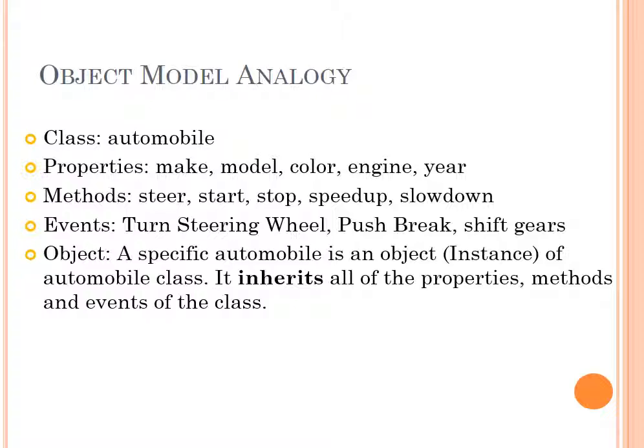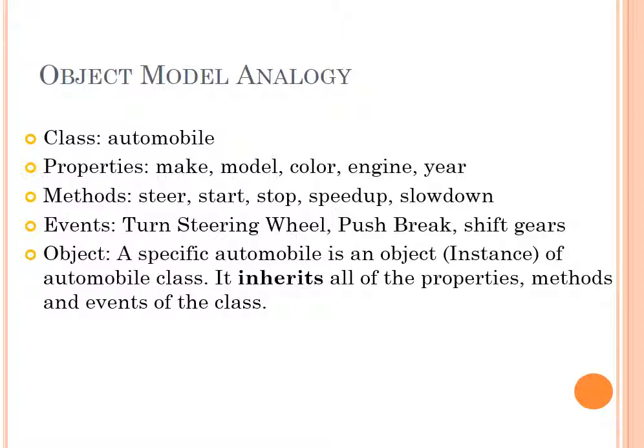Notice, by the way, that there can be a hierarchy. So, for example, we can have a class of things called cars, and then under that we can have a class of things called sedans, and under that we have a class of things called Toyotas, and under that a class of things called Camrys. None of those things are actual objects. They're all concepts.